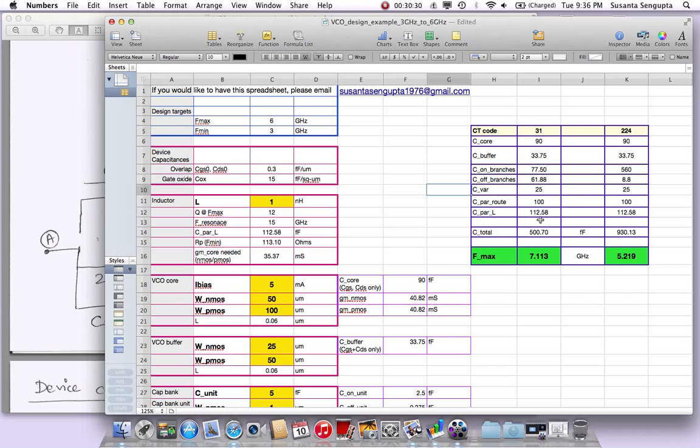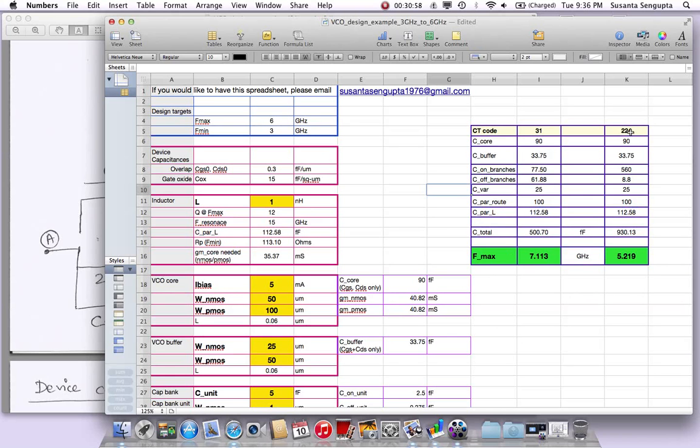And if you take all these capacitances, all the parasitic capacitance as well as the capacitance of the cap bank, these two are giving you the actual capacitance of the cap bank only, right? Everything else is more like parasitic. Of course, the varactor is a real one, it's not a parasitic one. So if you do all that, your total capacitance will come to about 500 femtofarad. So if this is your total capacitance, this is your L, you get an F max value. So that is the frequency of oscillation.